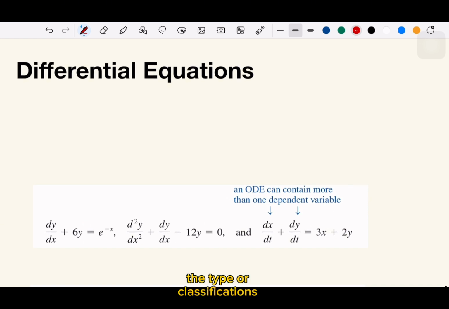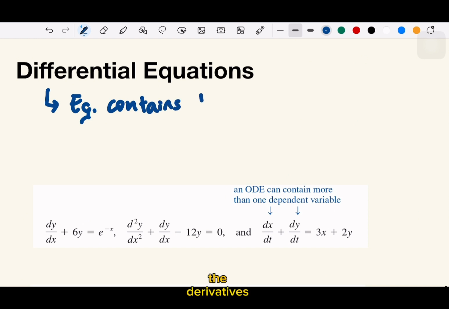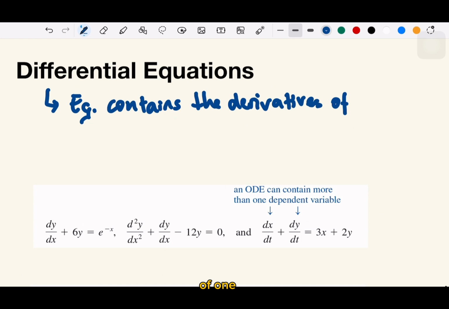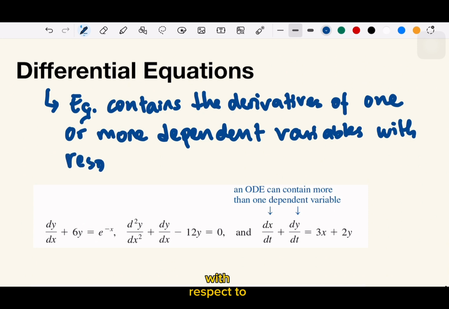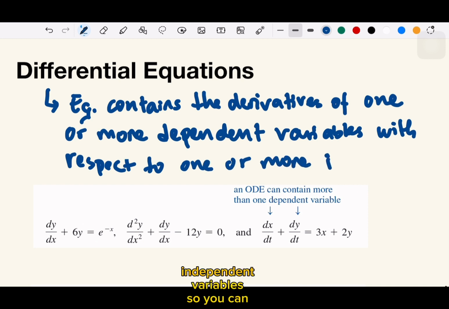Let's move on to the types or classifications. So let me rephrase what differential equations are. Equations that contain the derivatives of one or more dependent variables with respect to one or more independent variables.